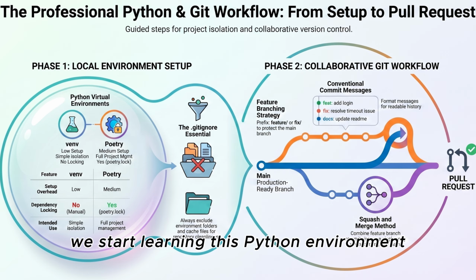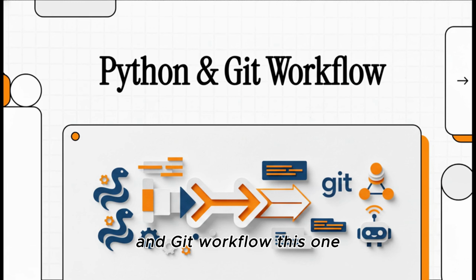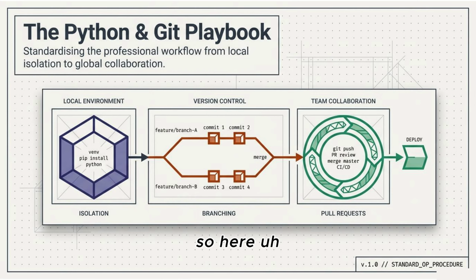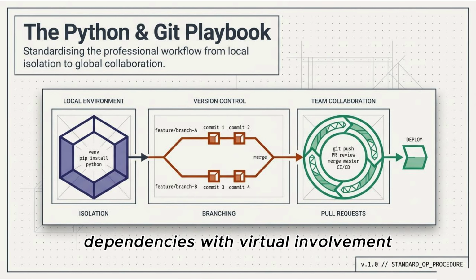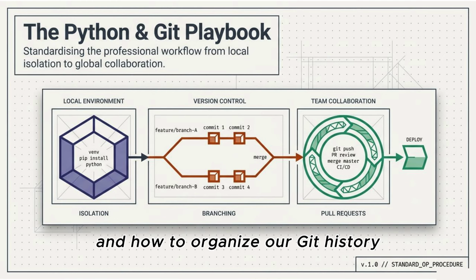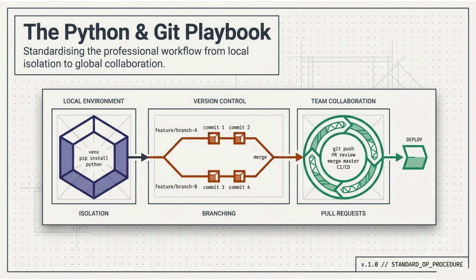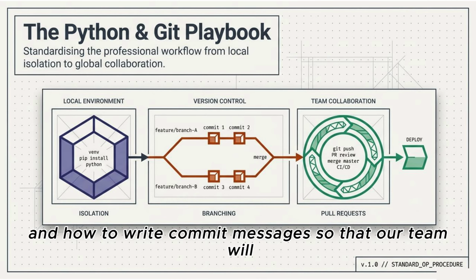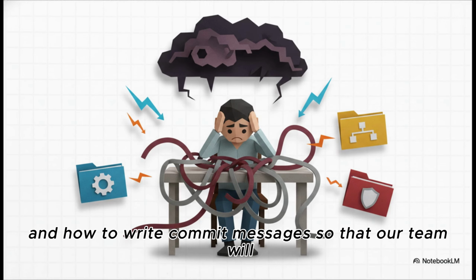Okay. We start learning this Python environment and Git workflow. First, how to isolate this project's dependencies with a virtual environment, how to organize our Git history with feature branches, and how to write commit messages so that our team will love them.